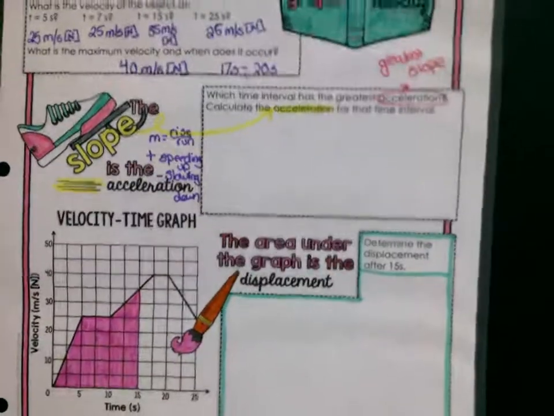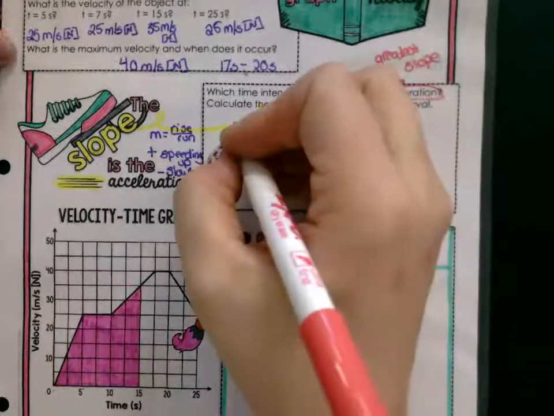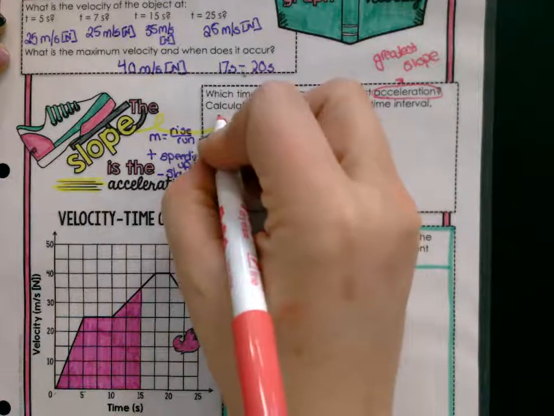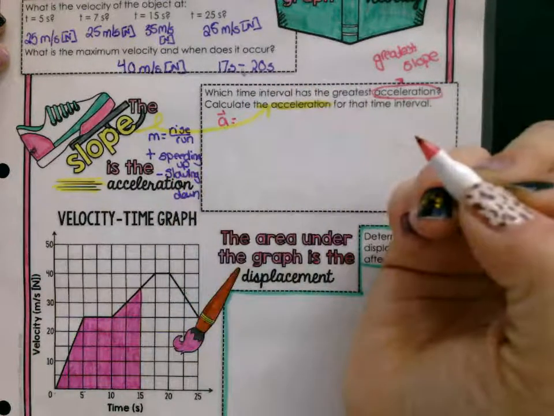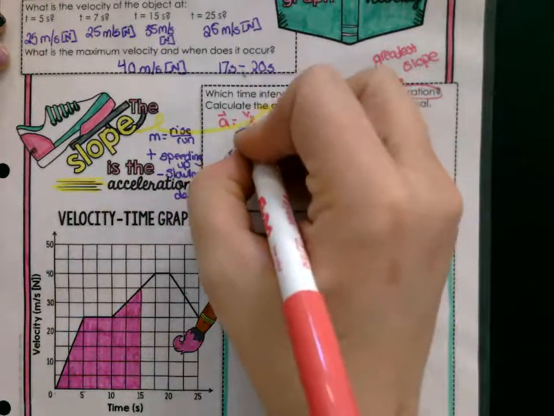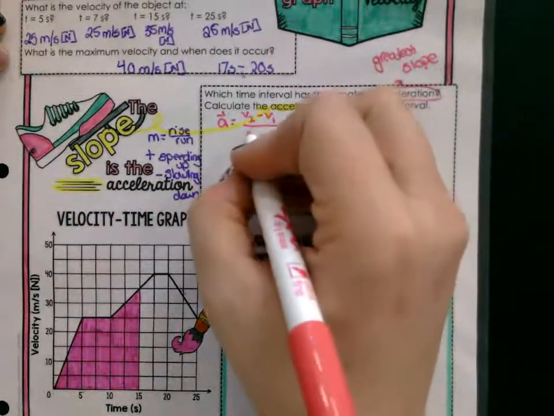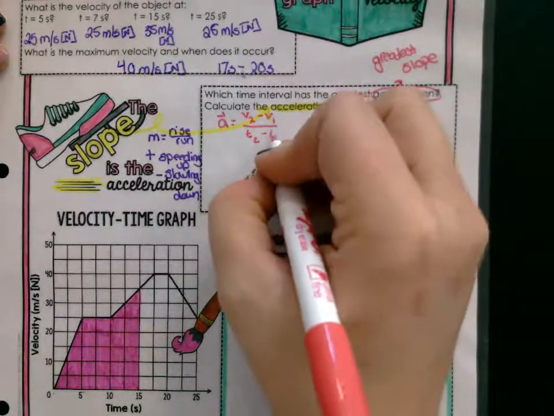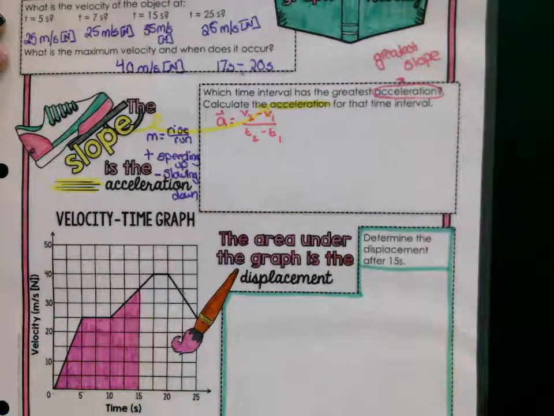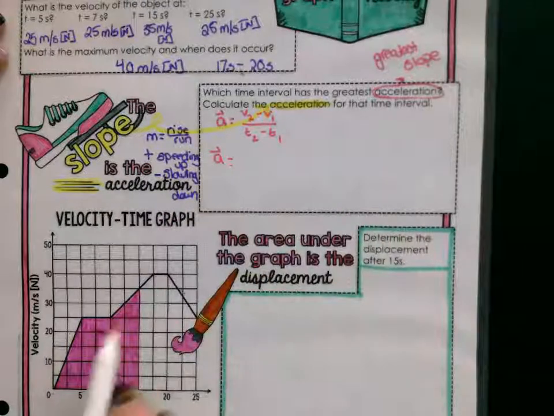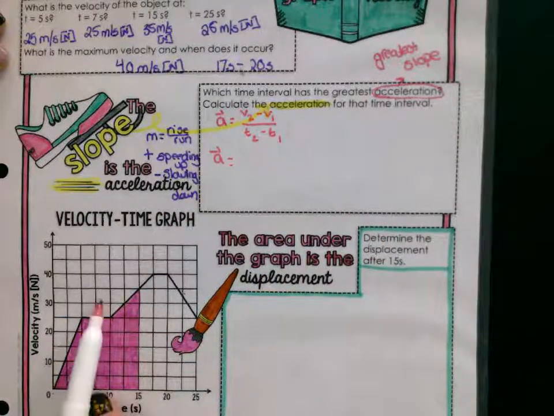So the first thing I'm going to do is write my formula for acceleration. The formula for acceleration is equal to the final velocity minus the initial velocity over the final time minus the initial time. So just from eyeballing it, I could calculate the slopes for each one, but we can look at this graph and see that this is your greatest slope. It's the steepest line.